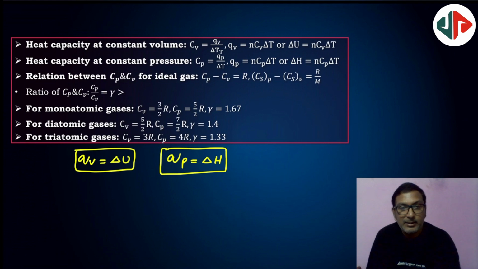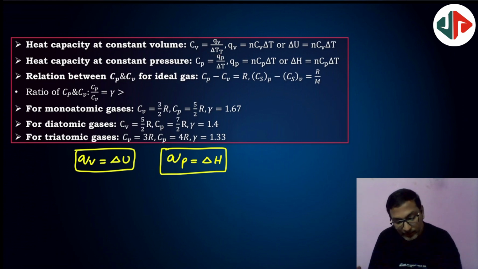Heat at constant volume equals delta U. Heat at constant pressure equals delta H. So from this we can write Cv equal to Qv by delta T. So Qv means delta U. Delta U equal to nCv delta T.